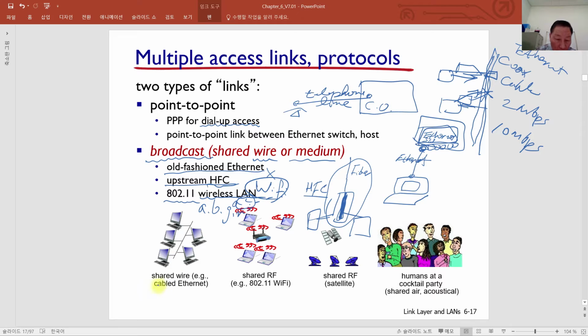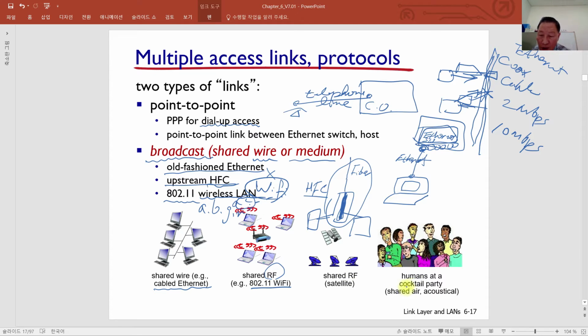Okay, this is the example figure. Shared wire, cable Ethernet, or shared radio frequency, for example, 802.11 Wi-Fi. Also satellite communication is also using shared RF, radio frequency.